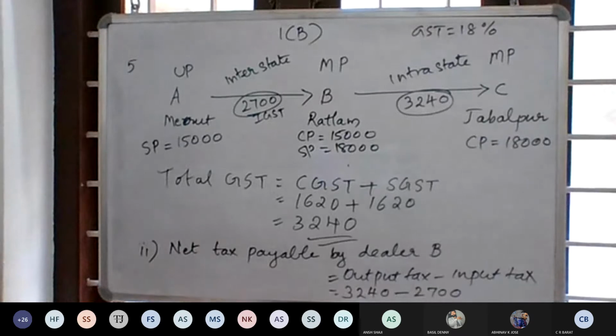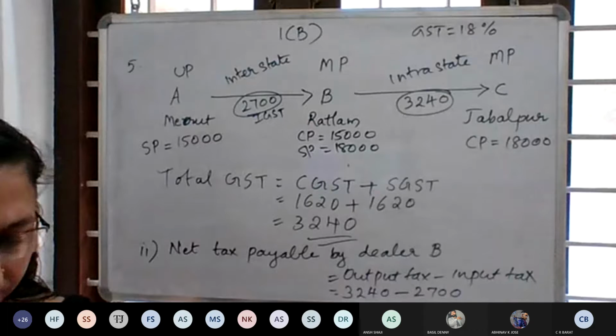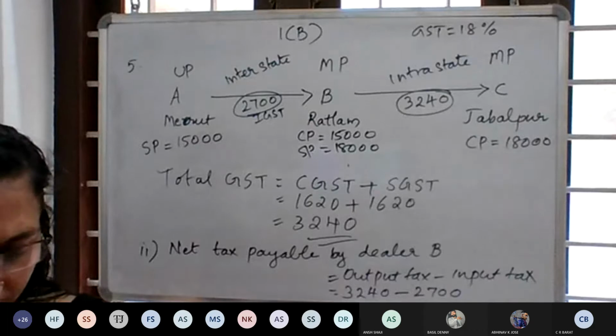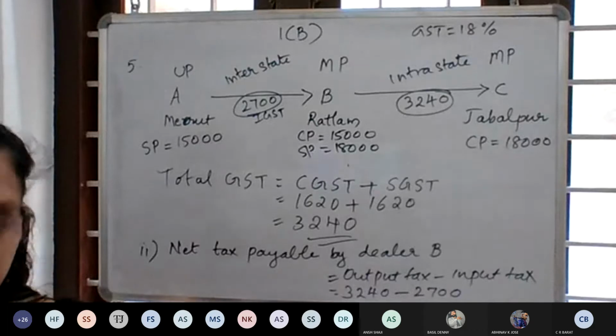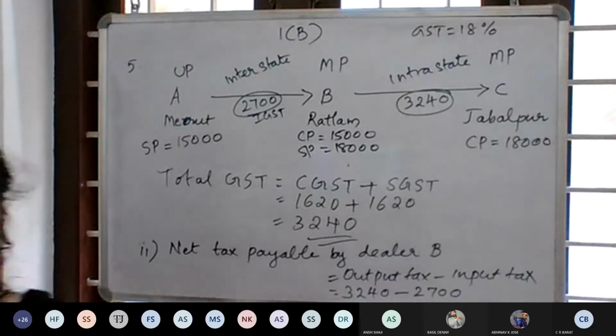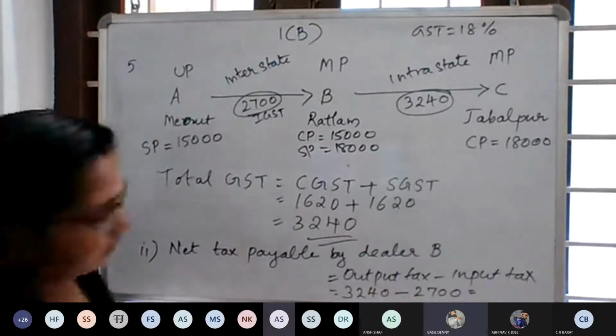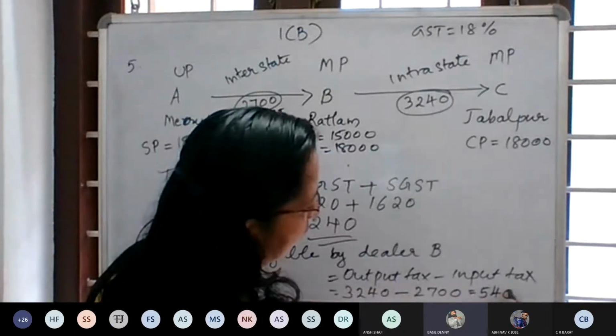Net tax payable by dealer B will be output tax minus input tax, so the answer is 3,240 minus 2,700, which is 540.